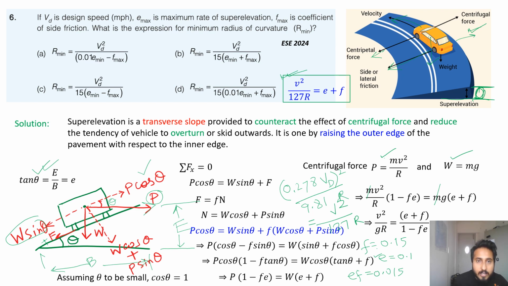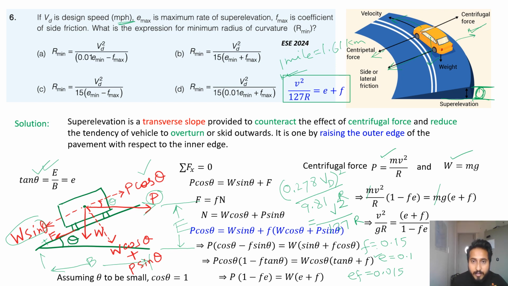Now here this is given in miles per hour, so we can convert v, as the formula is for kilometers per hour. We know that 1 mile equals 1.61 kilometers, so we put 1.61 here. 1.61 square is 2.6, so 127 by this value gives somewhat 49.